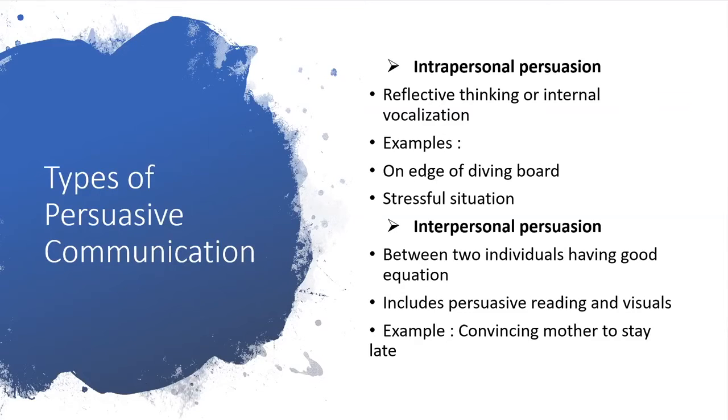The next type is interpersonal persuasive communication. This communication is between two people who already possess a close bond or a good equation. It involves the use of persuasive techniques between these people.